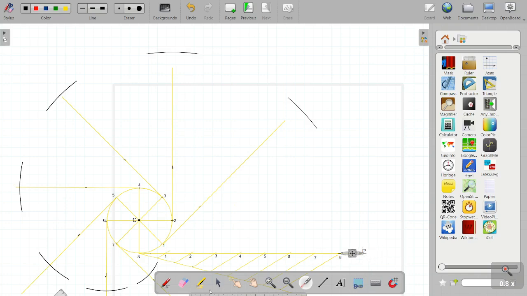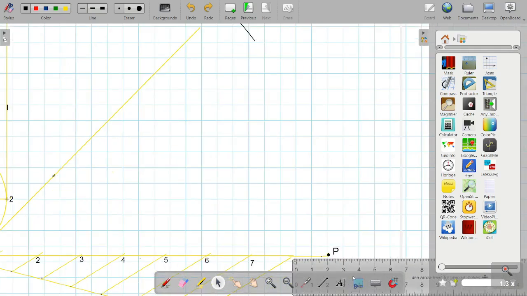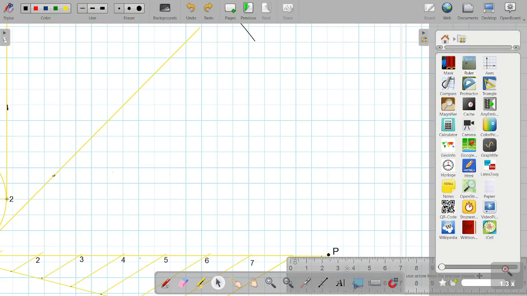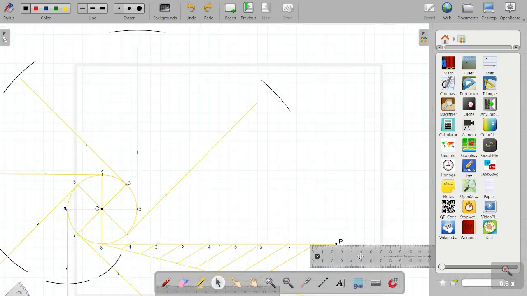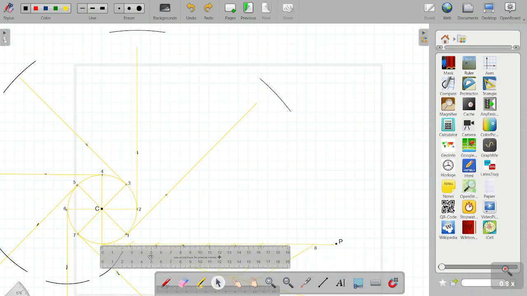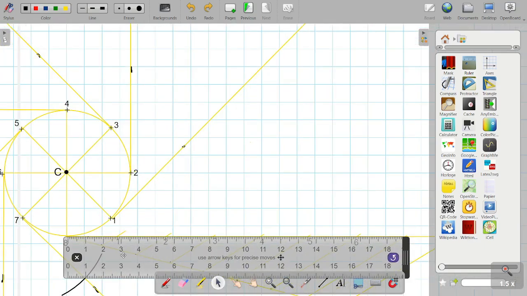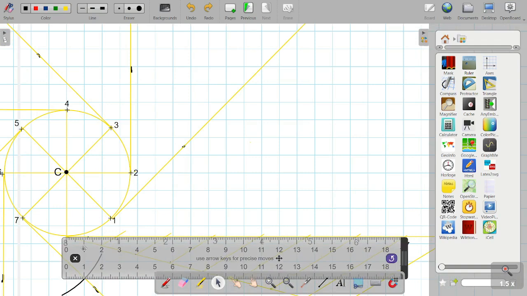So in this case, what we need to do is just measure the distance between point 8 and point P, which is coming out to be 2.4 or 2.5, 2.4. So what you need to do is come here at point 8 and on the tangent of 8, which is this one, measure 2.4.